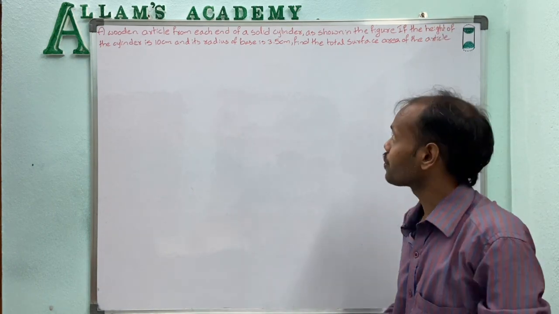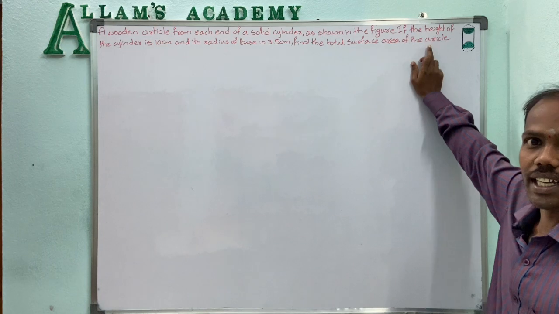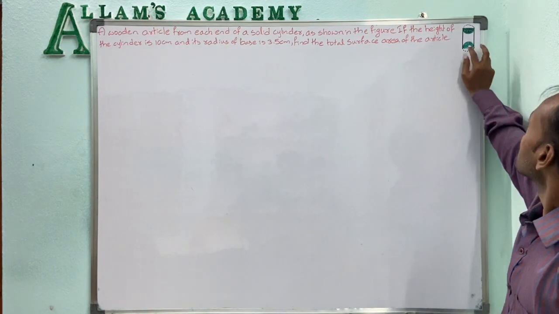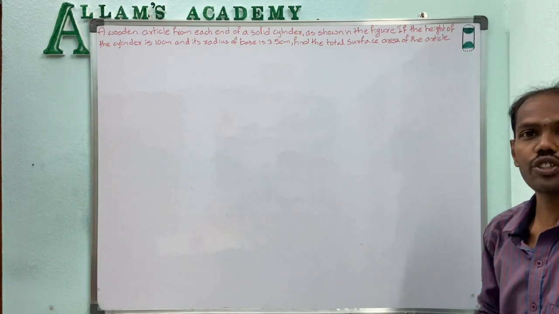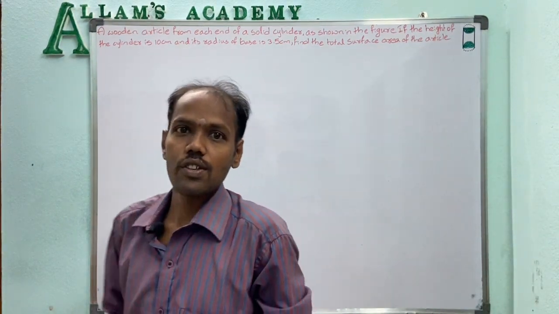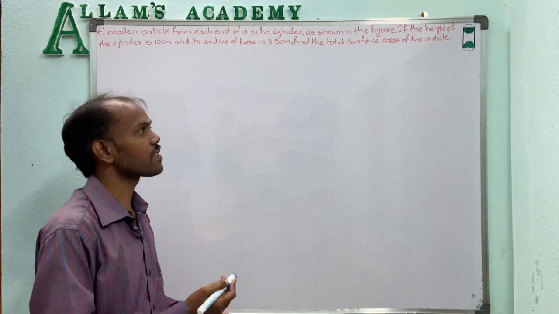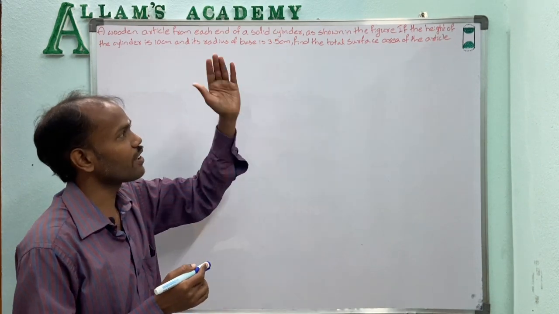So here we want to find the total surface area of the article, that is nothing but the surface area of the cylinder and the surface areas of these two hemispheres. So we want to find the curved surface area of the cylinder and the two hemispheres.